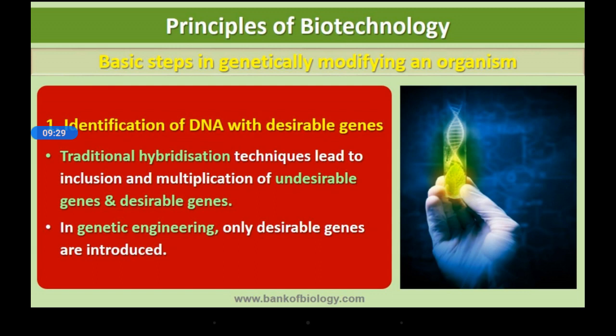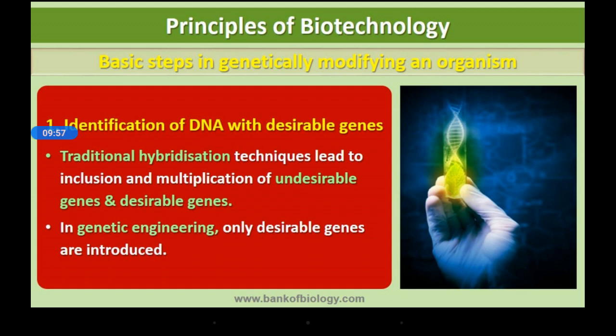Traditional hybridization techniques lead to inclusion and multiplication of both undesirable and desirable genes. That means in the olden method, both those with good characters as well as undesirable ones are selected.